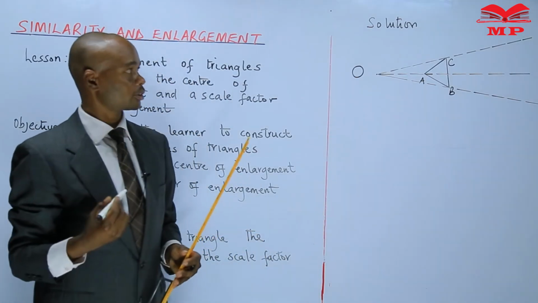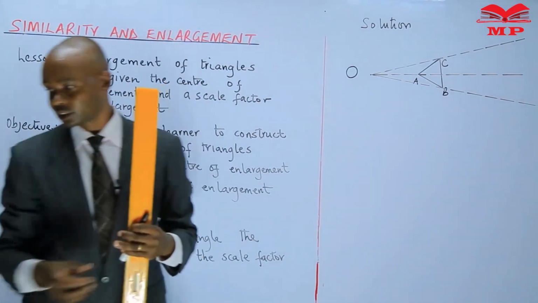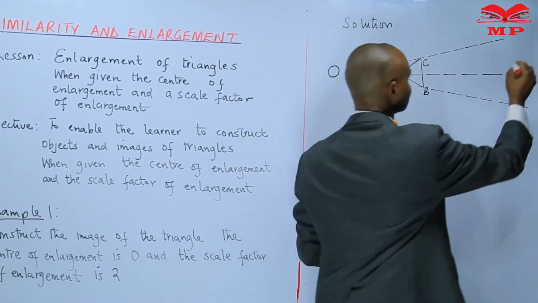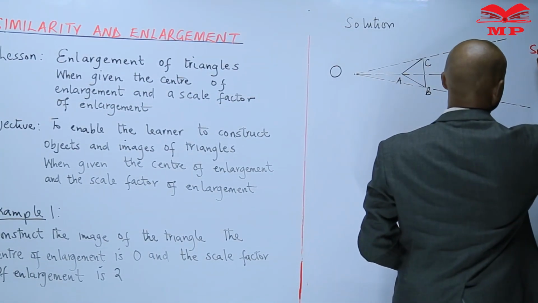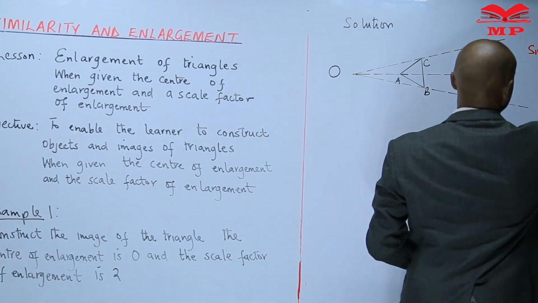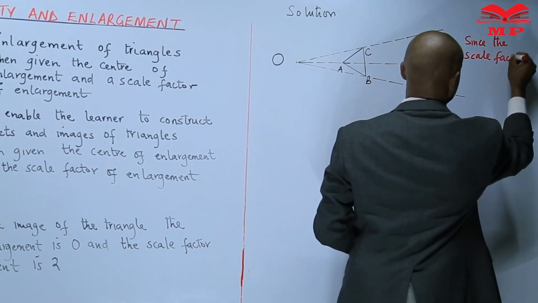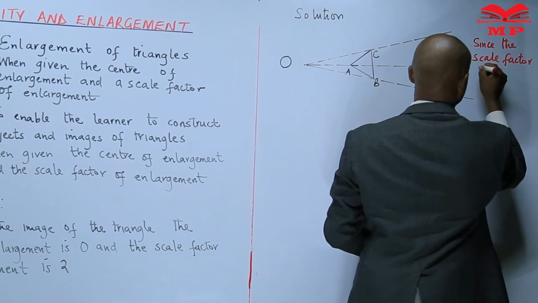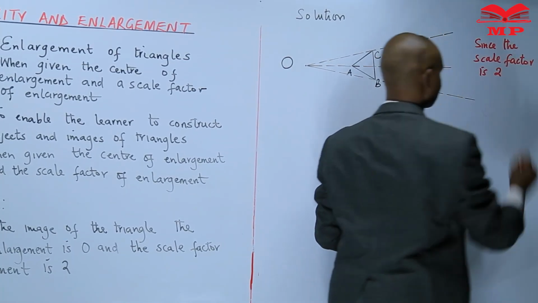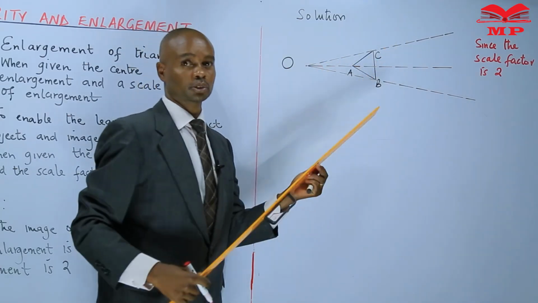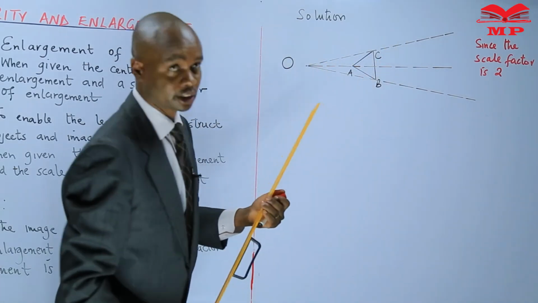Since the scale factor is 2, the image distance will be double the object distance.